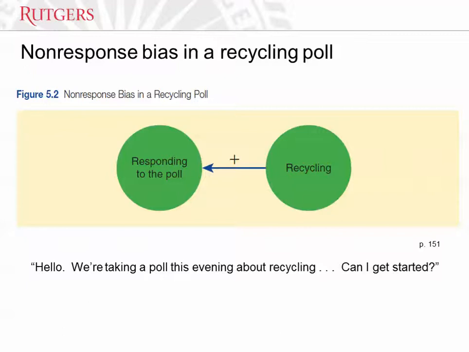So it's a major issue in most forms of survey research and data collection in a lot of policy areas. But again, the bias that comes from it depends to some extent on why people are not responding, and it can be more or less severe depending on that.